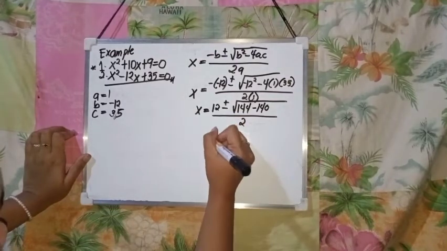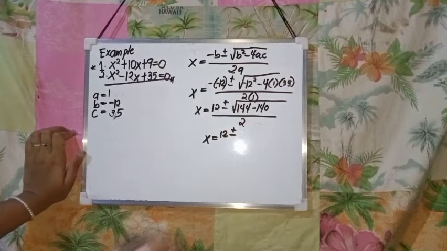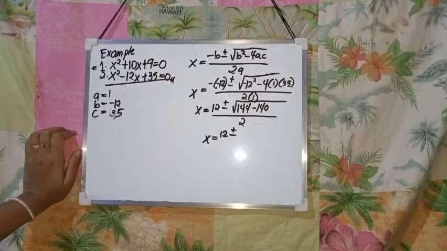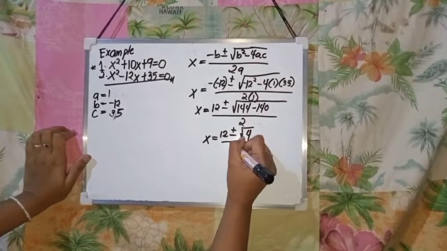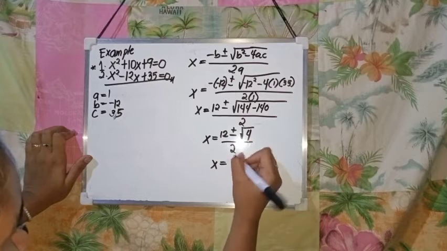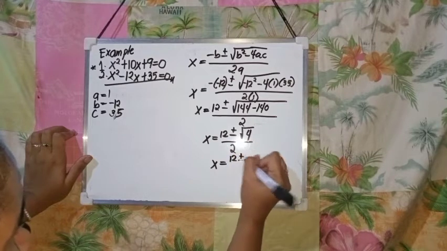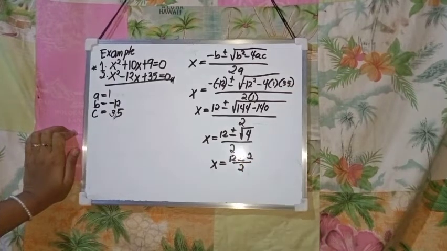Then subtract. X is equal to 12 positive negative square root of 144 minus 140, which is 4, over 2. So here, x is equal to 12 positive negative 2 all over 2.